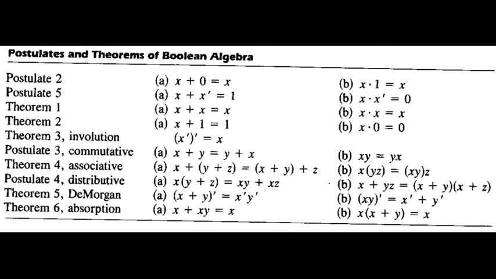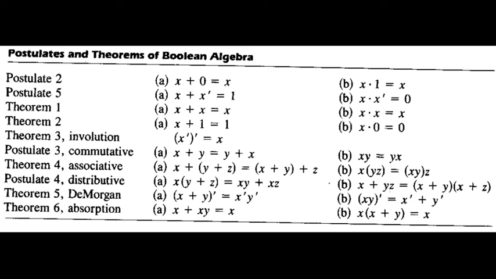But the second distribution property, that is distribution of plus over dot, is valid for Boolean algebra, not valid for ordinary algebra. That can be proved using the truth table method. We will see it in the class.